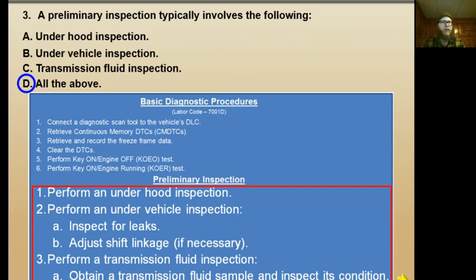Use all of your senses. You can test for grittiness. If you rub the fluid in your fingers, can you feel metal debris? Dab it on a piece of paper. A lot of shops have test swabs, these little squares of paper that you can put the fluid on. Oftentimes it's used to help sell fluid exchanges to customers.